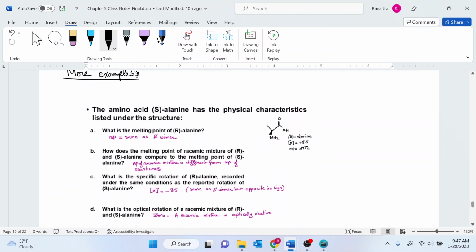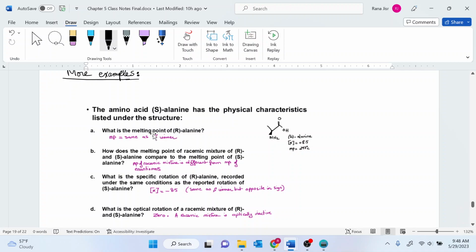Let's have more examples. Let's consider S-alanine. We know that enantiomers do have similar physical properties. So if enantiomer A has a certain melting point, then its mirror image is going to have the same melting point.